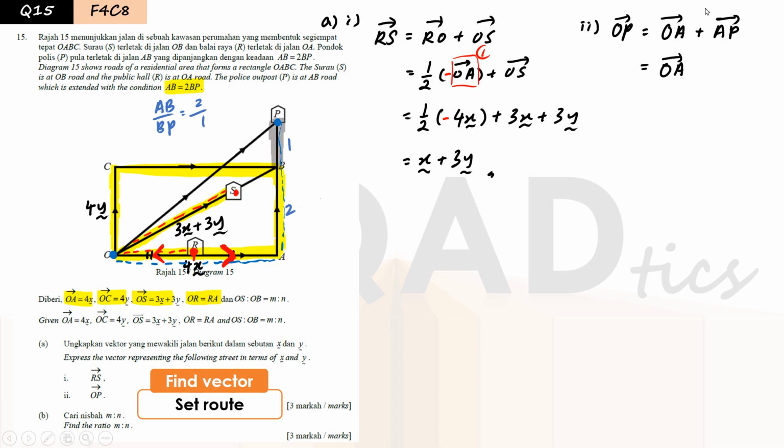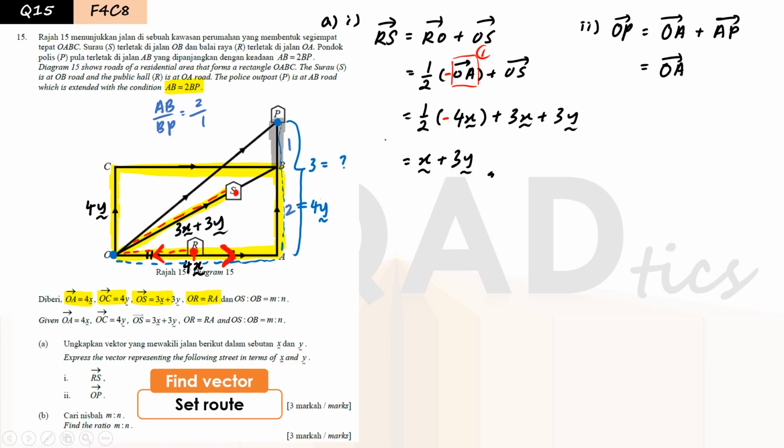How do we find the vector AP? We need to depend on the part where it has the vector, which is this part AB. AB, we know that it is 4y. And for AP, it's actually 3 parts. Since we know that 2 parts equals 4y, how about 3 parts?